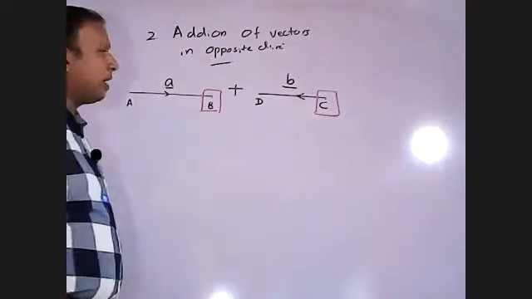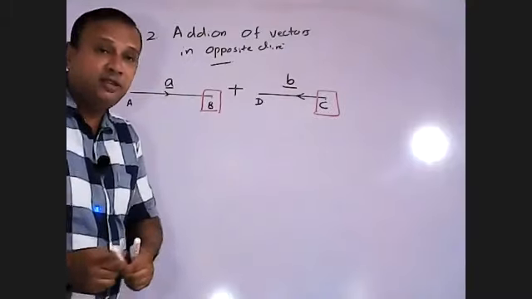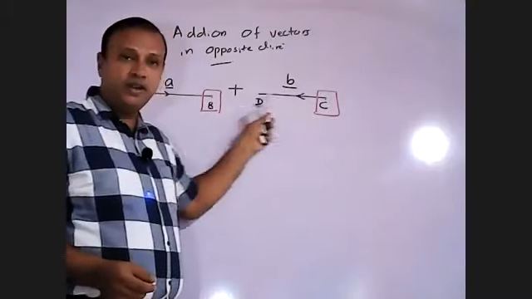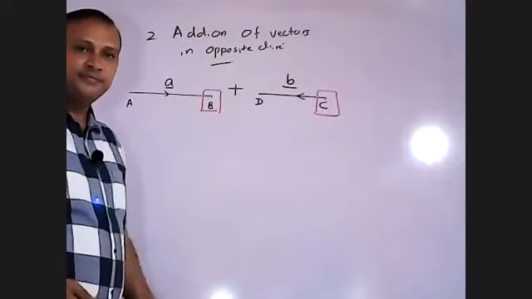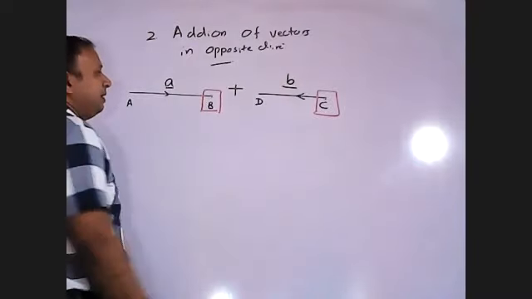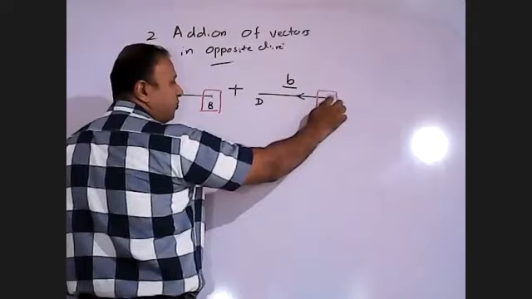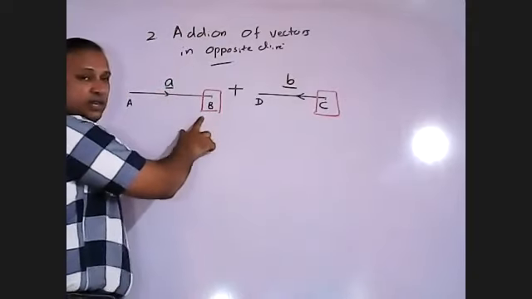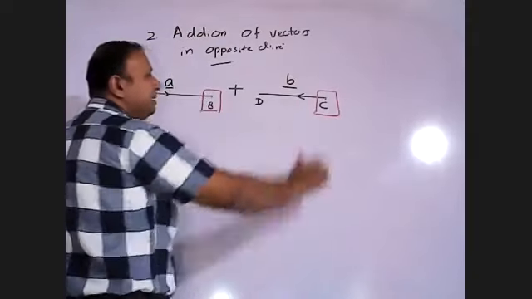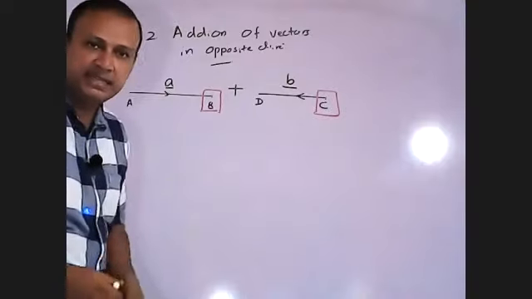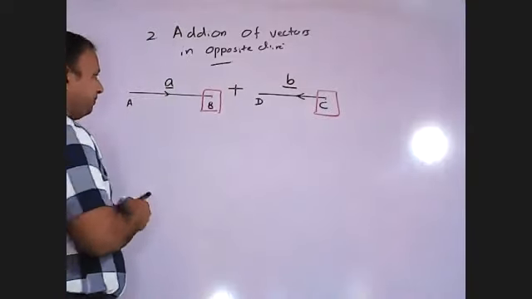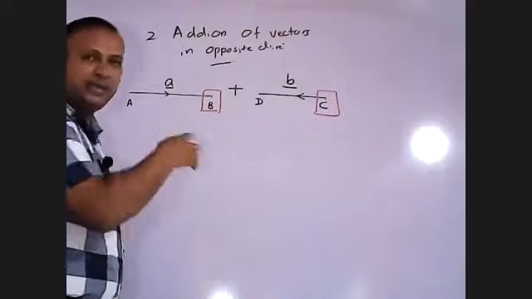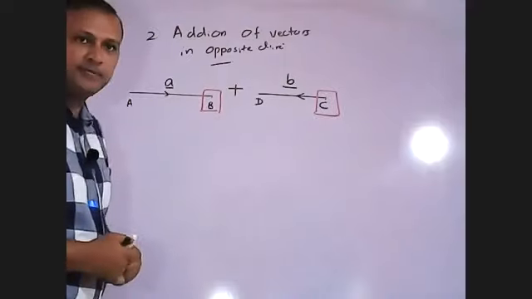You can determine that from the arrowhead. So the starting point of this vector is C. So you have to coincide B and C first. Suppose AB length is greater than CD length.